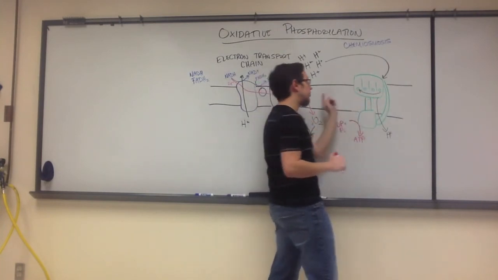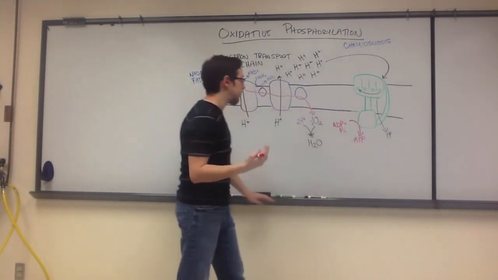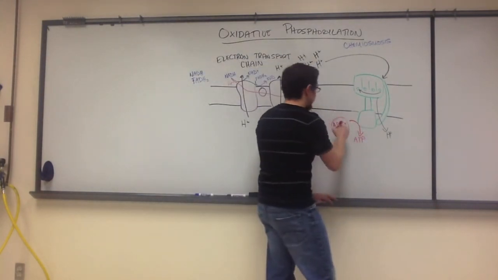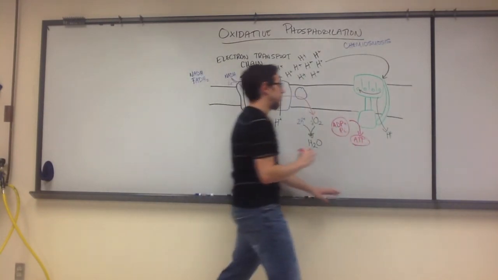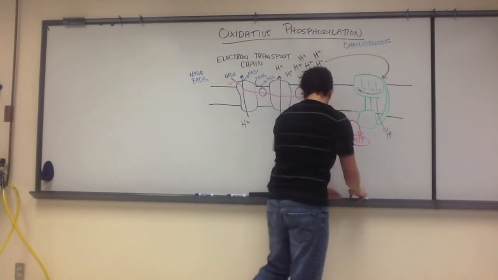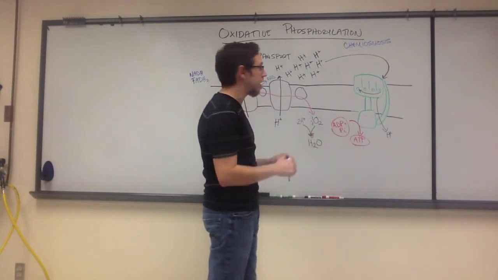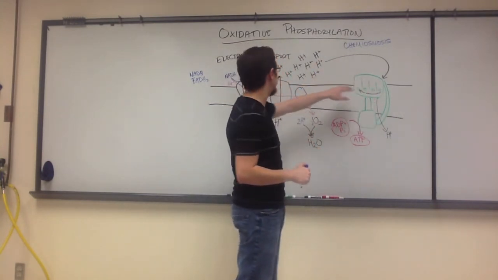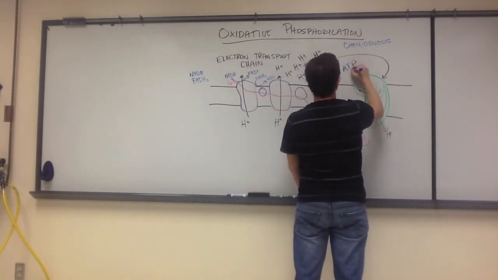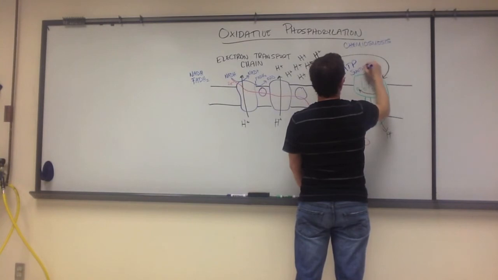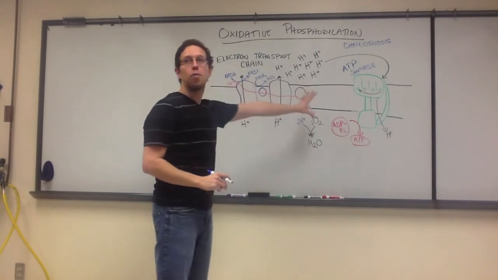That proton motive force causes another portion of the protein to spin, and that is a sufficient amount of energy to then take adenosine diphosphate and an inorganic phosphate and ultimately convert it into adenosine triphosphate, or ATP. Okay? This enzyme responsible for synthesizing ATP through chemiosmosis, utilizing this proton gradient, is called ATP synthase. ATP synthase is the final piece to this whole process.